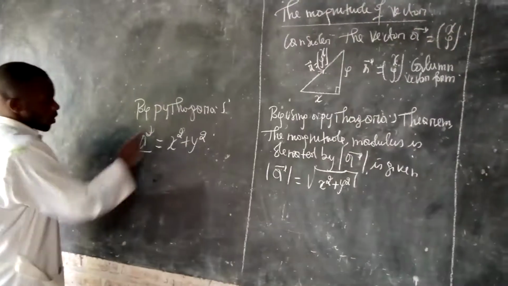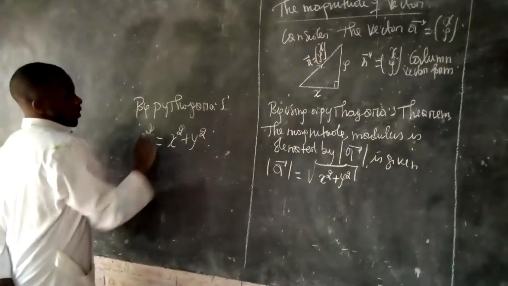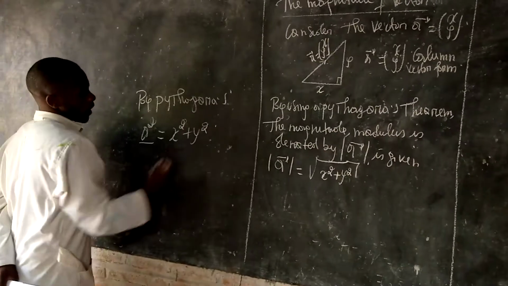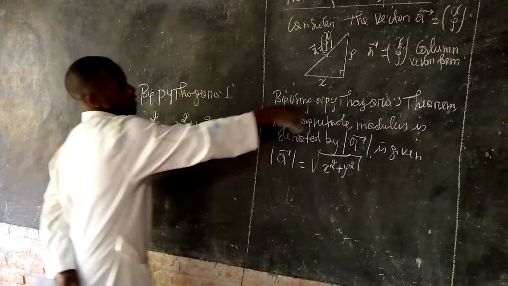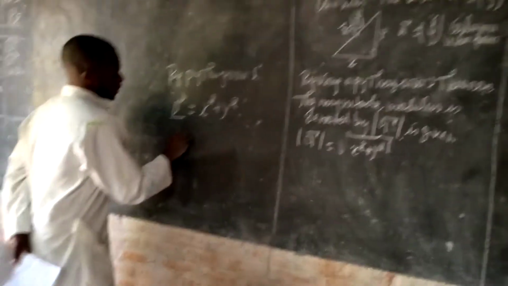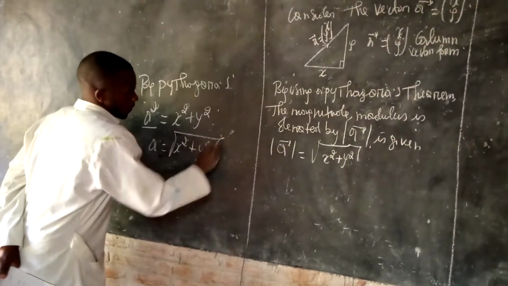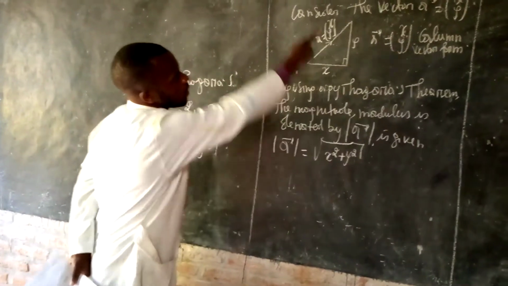Because this one is the hypotenuse, it is equal to the sum of the squares of the other two sides. x represents the base, while y represents the height, and now A is equal to the square root of x squared plus y squared, and now you can use Pythagoras theorem to find the magnitude of vectors.